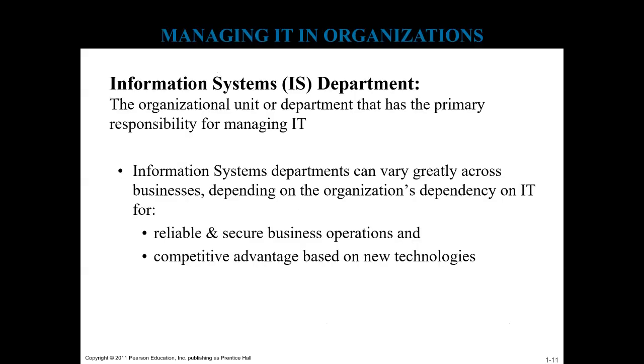So the IS system, or sometimes it's called IT departments or IS departments, technology divisions of a company. These are organizational units that have primary responsibility of managing, through IT, all of the IT and technology projects. They vary greatly in terms of the investments companies are making and how they're organized.